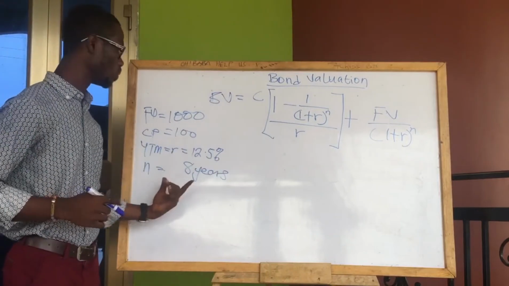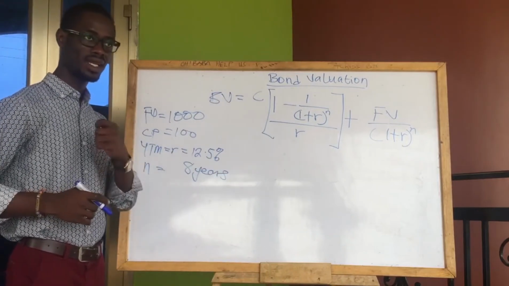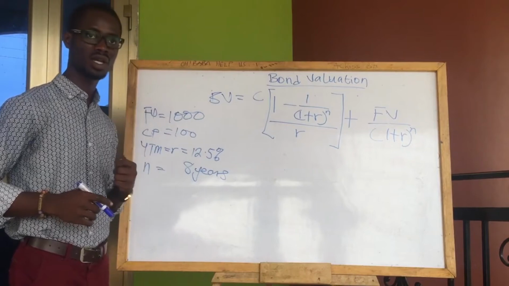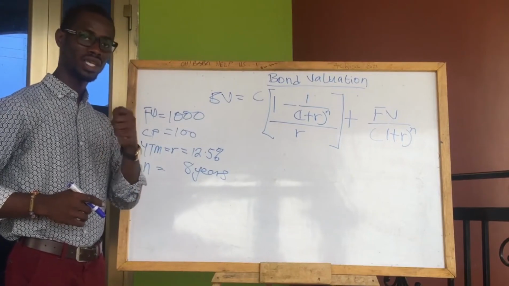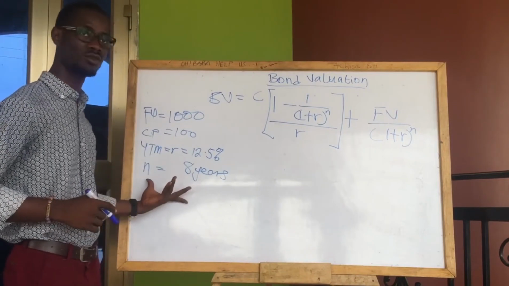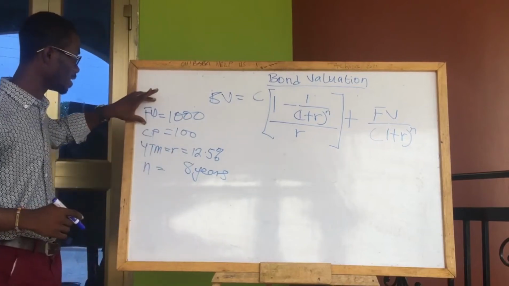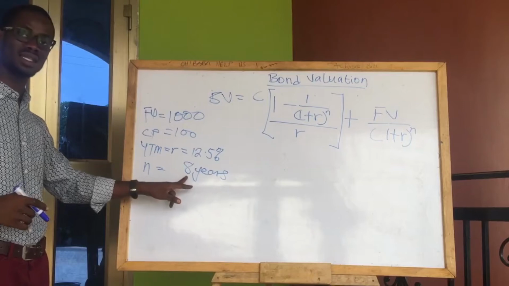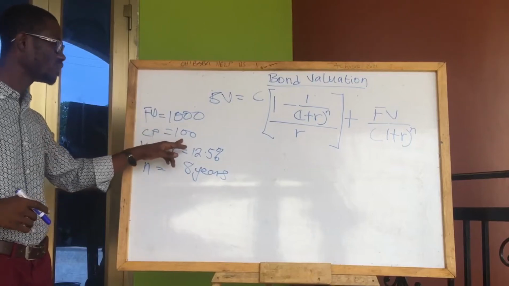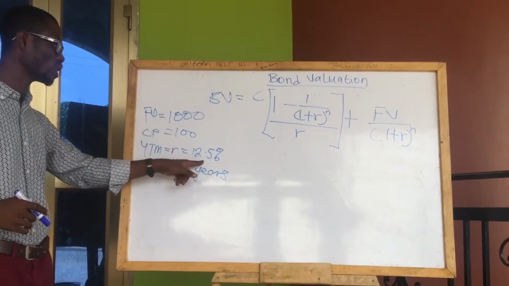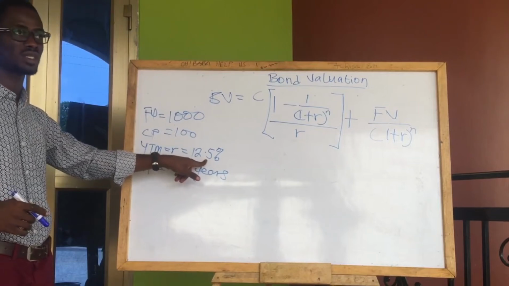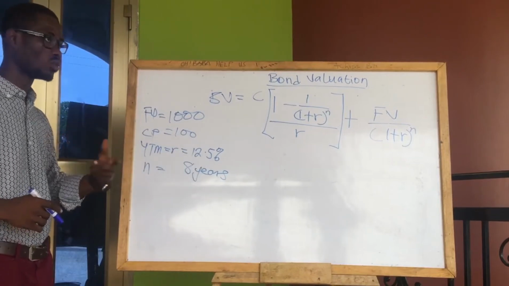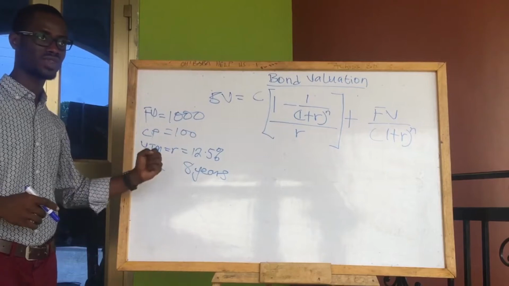Let's use our formula to compute how much the lender will give to the borrower, given all this information. The borrower says I will give you 1,000 Ghana cedis at the end of 8 years, but every year I'm going to give you 100 cedis, at an interest rate of 12.5%. So how much will you be willing to pay for such a bond?